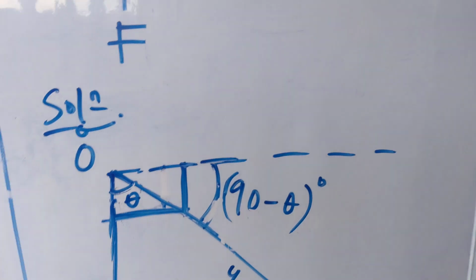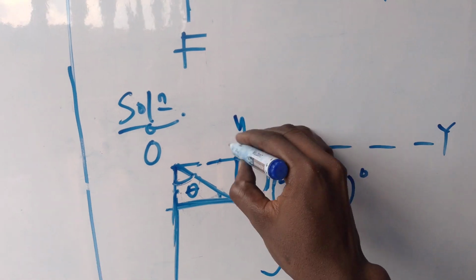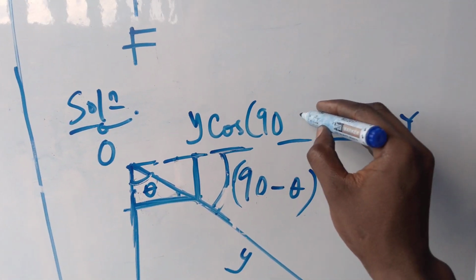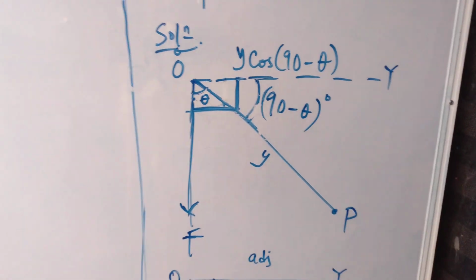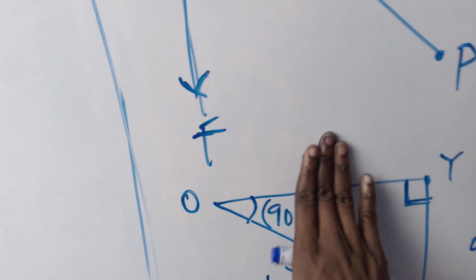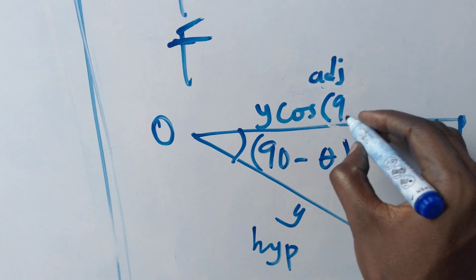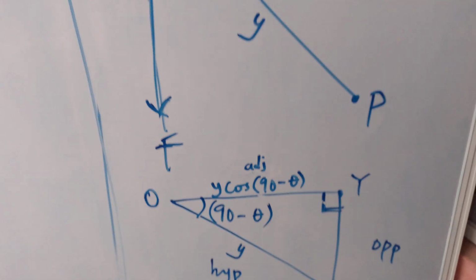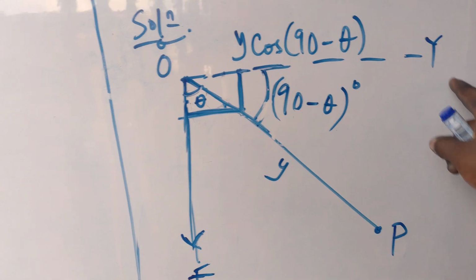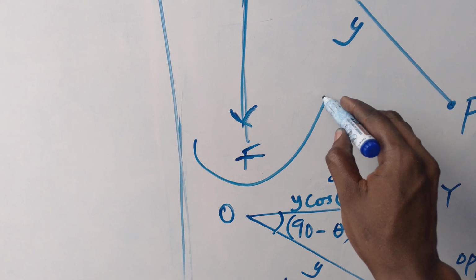Now I've gotten this distance. I've gotten distance OY as y cos 90 minus theta. That is this distance here. Quickly, I can then continue by taking moment about point Y. My force here, F, times the perpendicular distance.